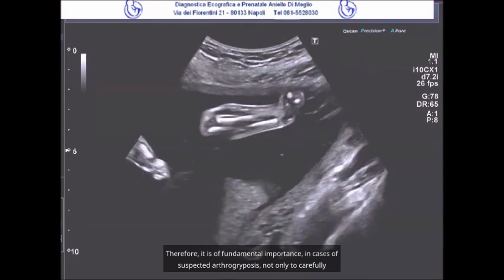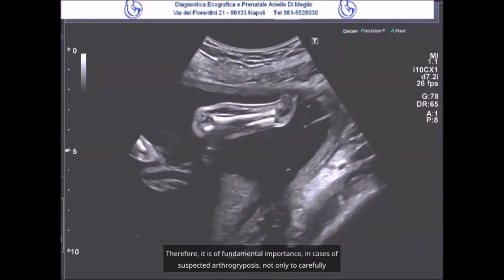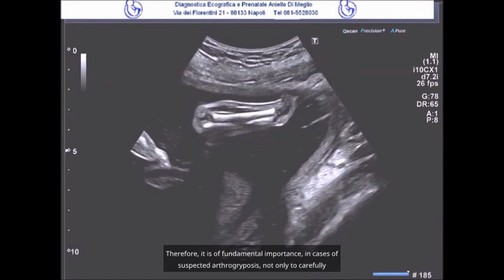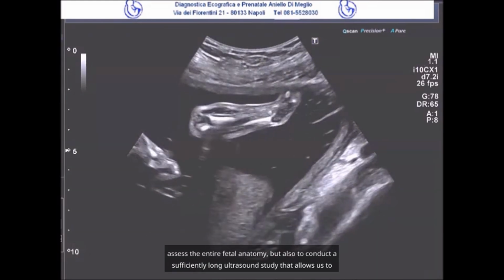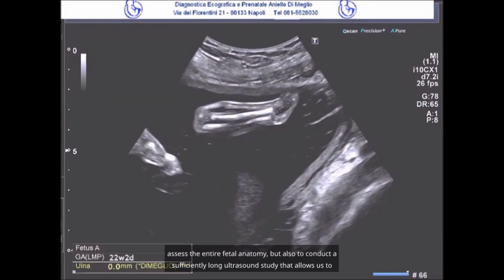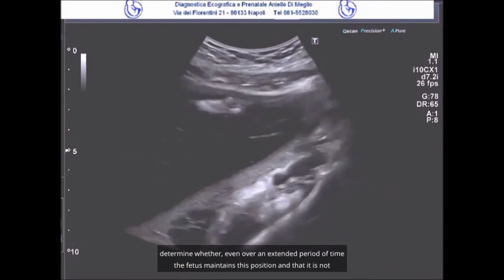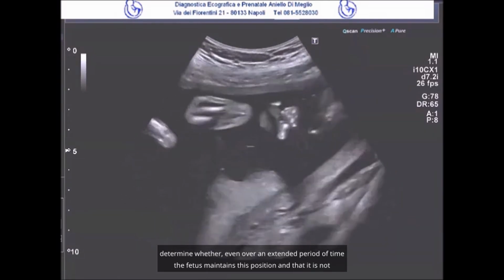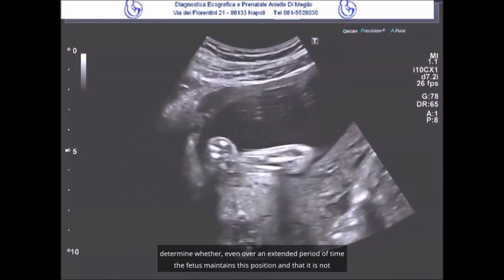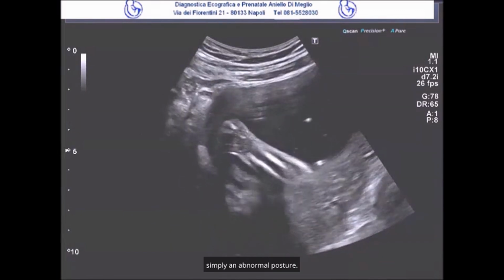Therefore, it is of fundamental importance in cases of suspected arthrogryposis not only to carefully assess the entire fetal anatomy, but also to conduct a sufficiently long ultrasound study that allows us to determine whether, even over an extended period of time, the fetus maintains this position and that it is not simply an abnormal posture.